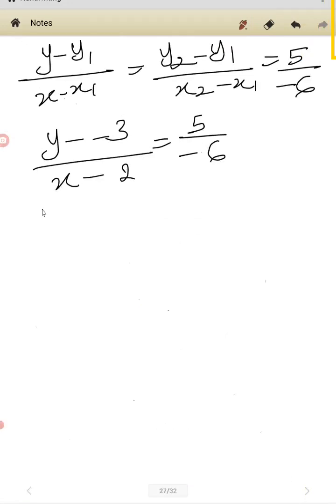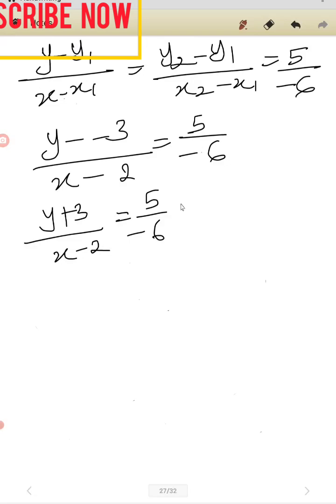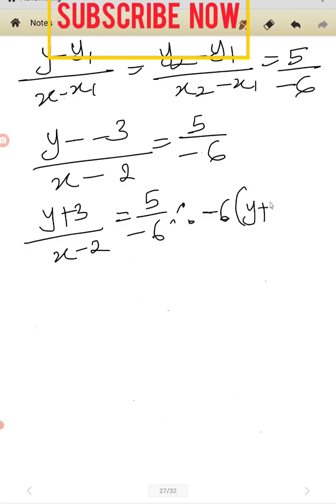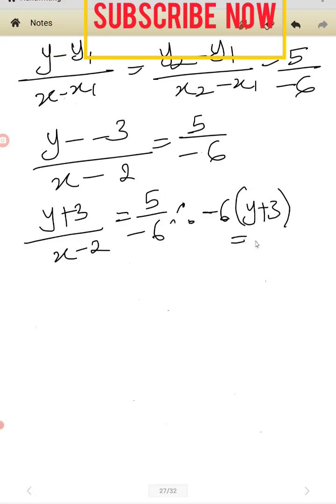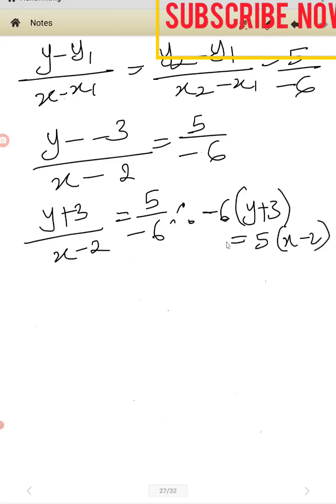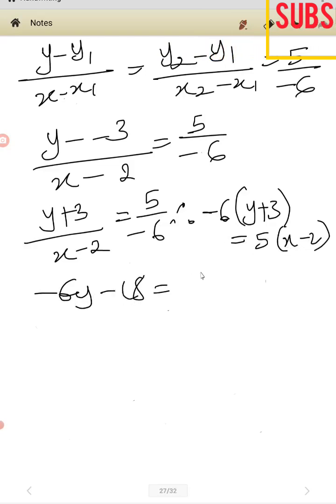So now it's just y plus 3 all over x minus 2 is equal to 5 all over minus 6. Therefore, by the time you cross multiply, minus 6 onto y plus 3 is equal to 5 onto x minus 2. Let's expand. Minus 6y minus 18 is equal to 5x minus 10.